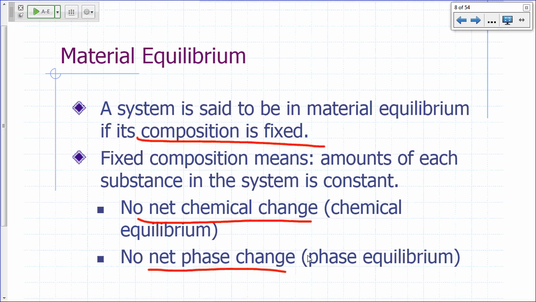But thermodynamics is really concerned more at the macroscopic level. That means what we can see from the outside, not at the molecular level. So material equilibrium is what we might call a dynamic equilibrium, because at the atomic level, nothing has really stopped. It just appears as though it stopped because you've got two opposing processes, one going forward, the other going in reverse, happening at the same rate.